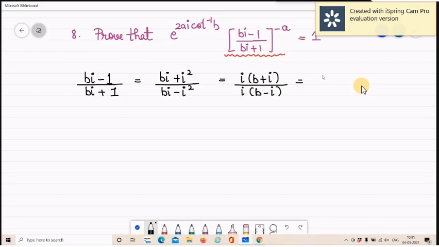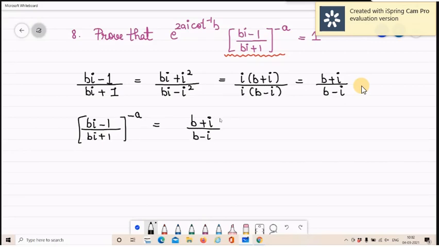So what are we getting? We are getting this relation, that is (b plus i) upon (b minus i). Is this understood? So now, what is this raised to? This is raised to minus a. So we are going to take (bi minus 1) upon (bi plus 1) raised to minus a on both the sides, that is (b plus i) upon (b minus i) raised to minus a.